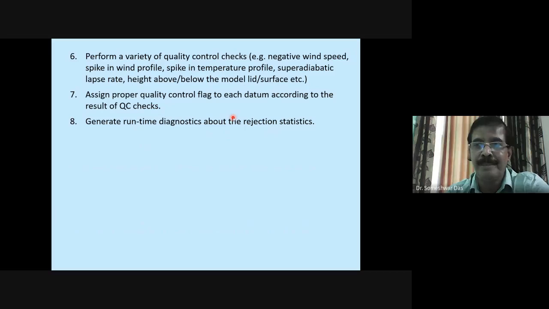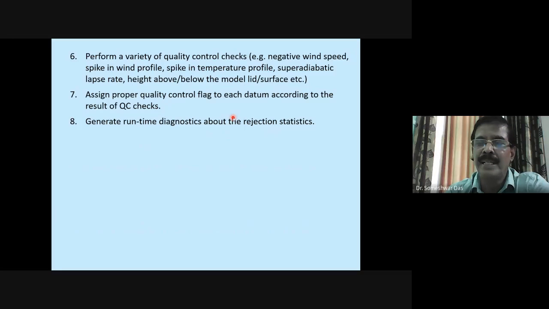Right? Probably I have told you this story or not, I don't know. Sometimes the ECMWF model was consistently finding a problem in a station somewhere in Africa, and they monitored the observation in that station continuously for about 1 month, and they found that this station is continuously reporting wrong observations, right?